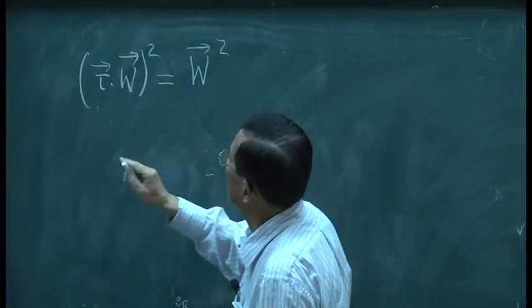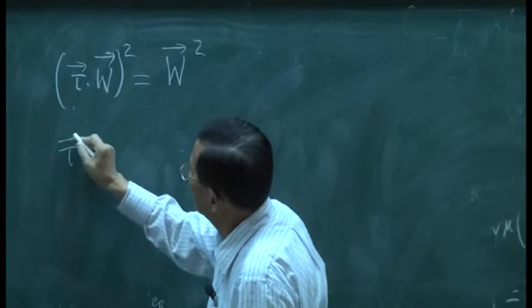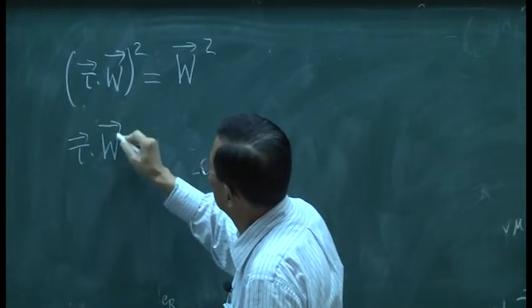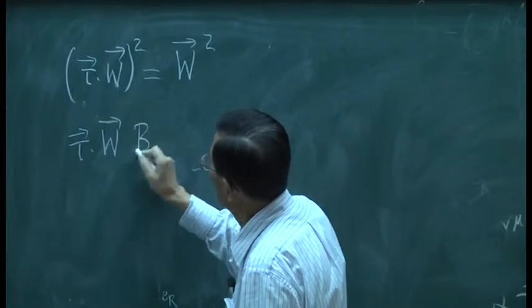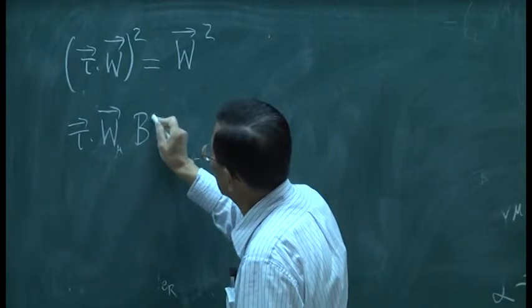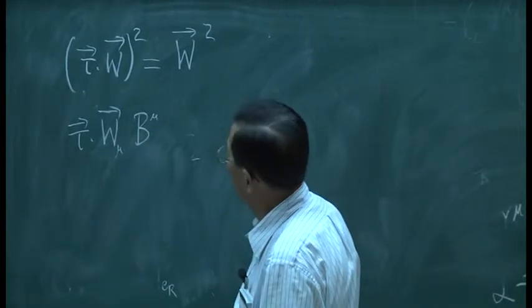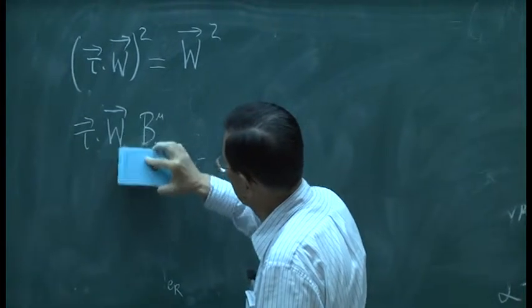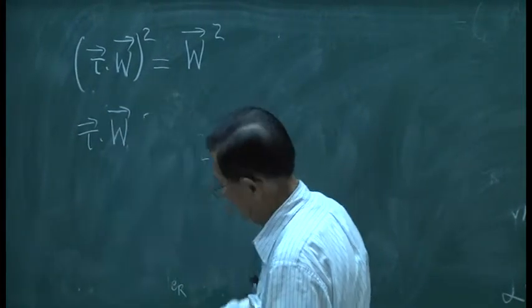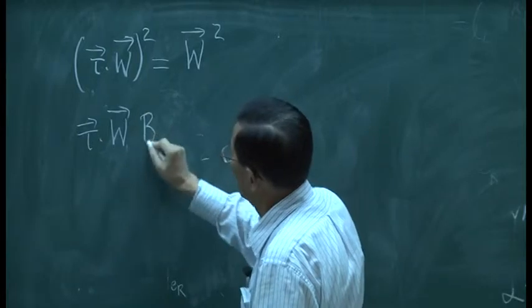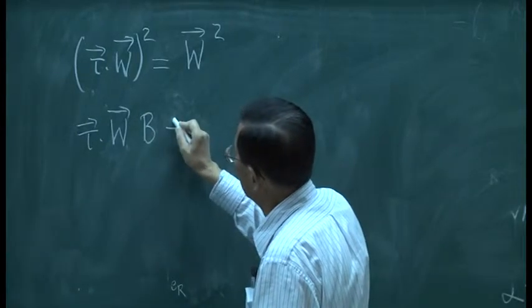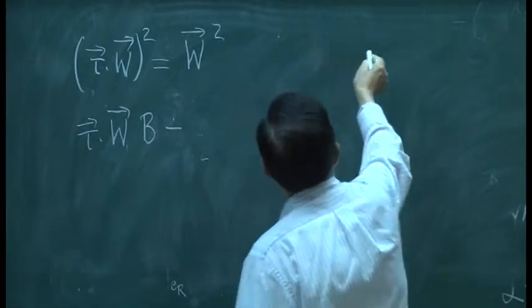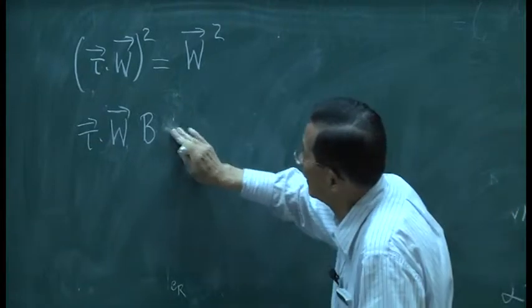And then I have tau dot W and then I have B_mu like this. Let me suppress the Lorentz index here, just B, and then I have two of them, right? So two.